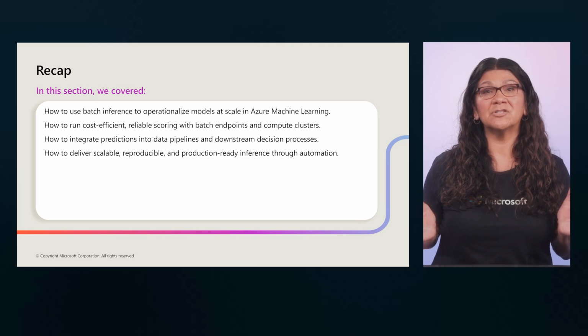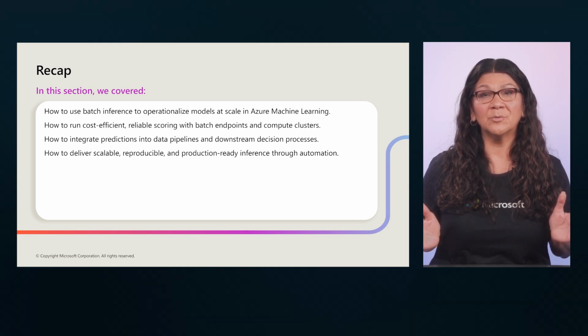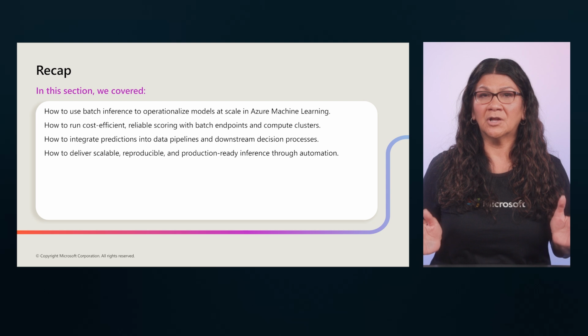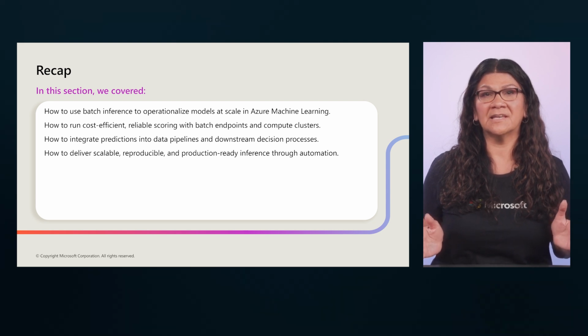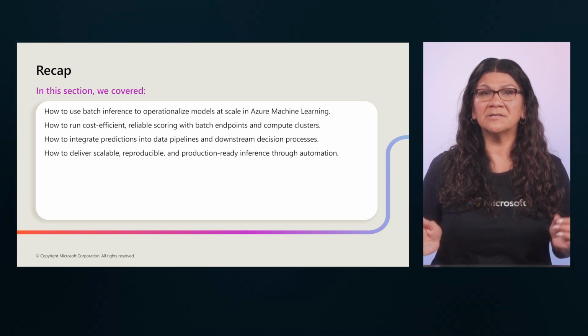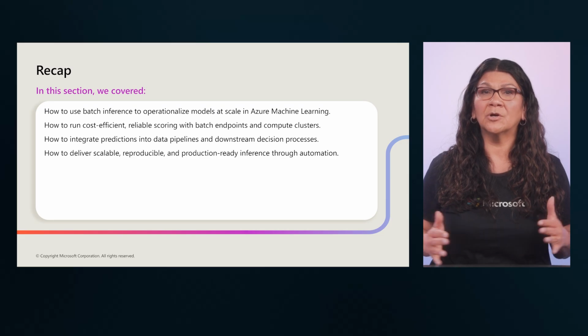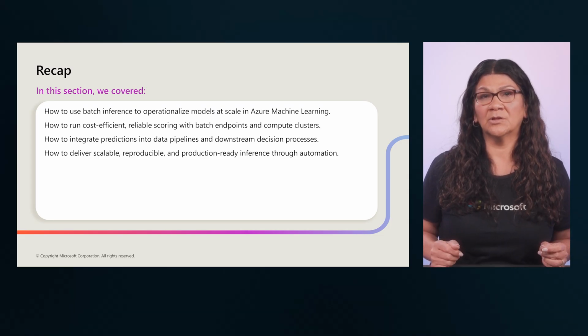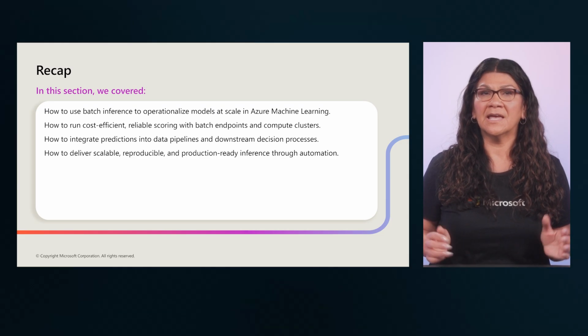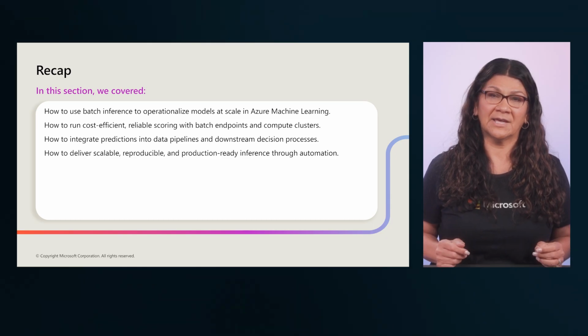You've now seen how a trained model becomes an operational asset through large-scale batch inference in Azure Machine Learning. By using batch endpoints, scalable compute clusters, and repeatable jobs, teams can score massive data sets reliably, cost-efficiently, and without disrupting live applications.